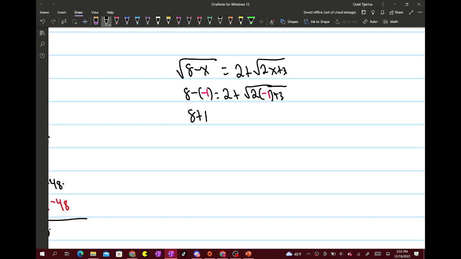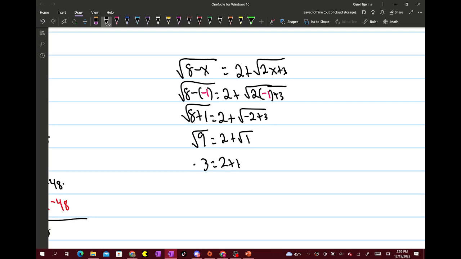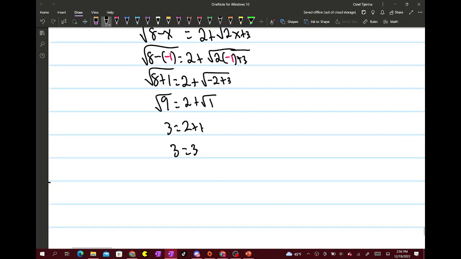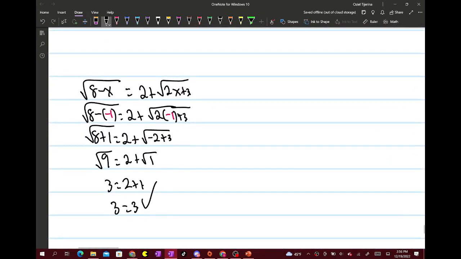So this would be the square root of 8 plus 1 equals 2 plus the square root of -2 plus 3. This is the square root of 9 equals 2 plus the square root of 1. Oh, and by the way, it's supposed to be square rooted, my bad. So the square root of 9, so it'd be 3 equals 2 plus 1. And we obviously know that 3 is equal to 3, so 2 plus 1 is 3. So this checks out.